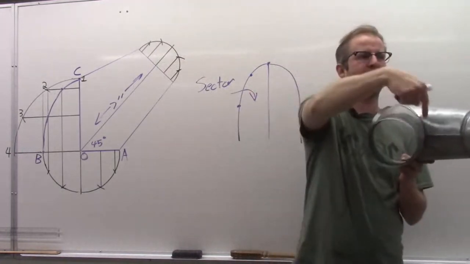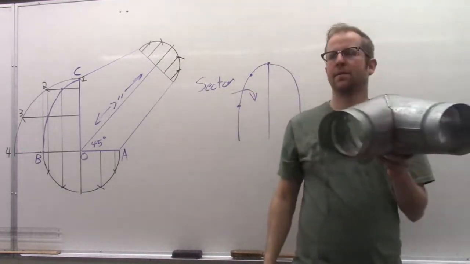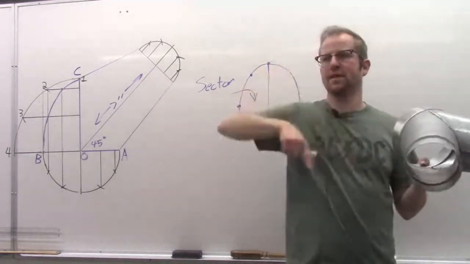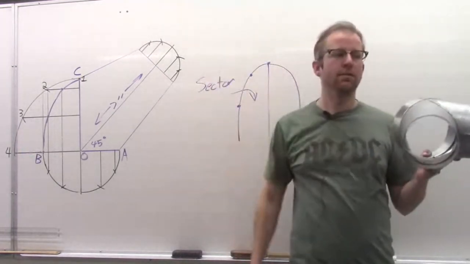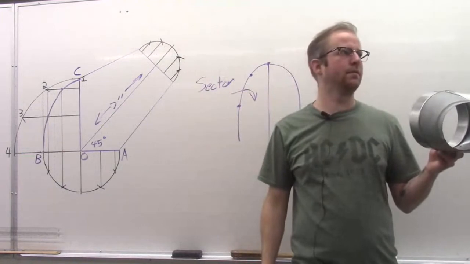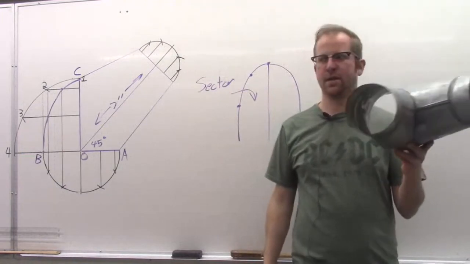Those are the points we come to when we triangulate. You remember when you've done cones before and you've made that zigzag pattern, right? We're going to be doing a zigzag pattern. That's going to be the pattern development on this.